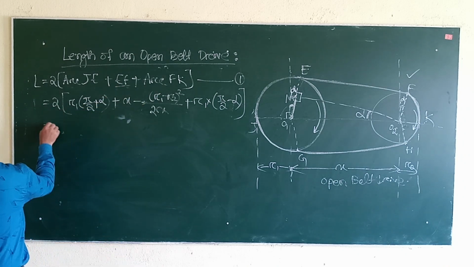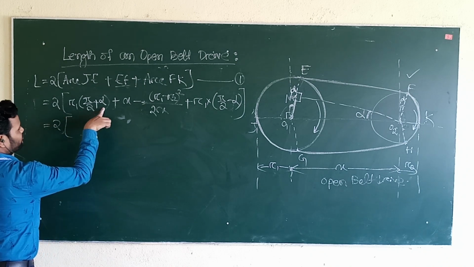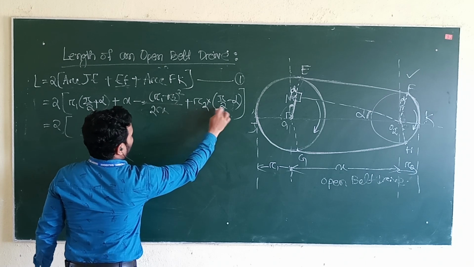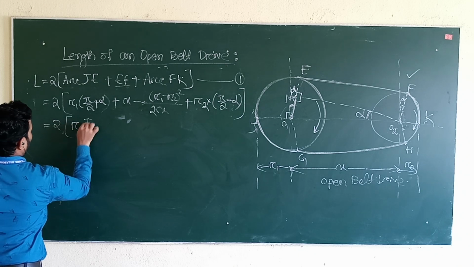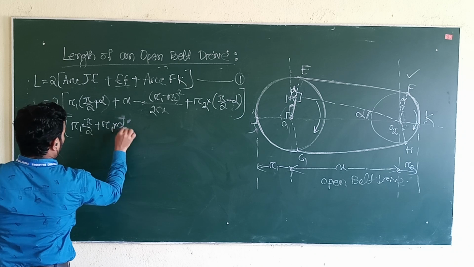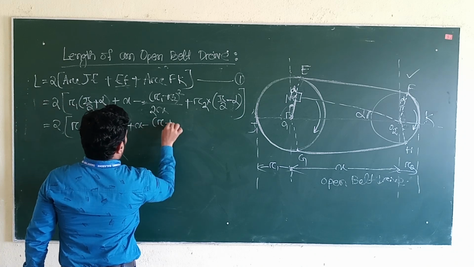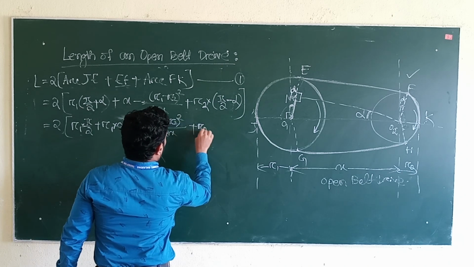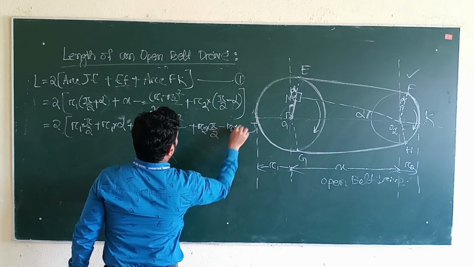Now in the next step, what will we do? First we will multiply R1 with pi by 2 and alpha, then R2 with pi by 2 minus alpha. So L equals 2 into R1 into pi by 2 plus R1 into alpha plus X minus R1 minus R2 square by 2X plus R2 into pi by 2 minus R2 into alpha.